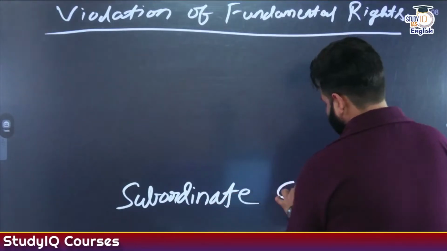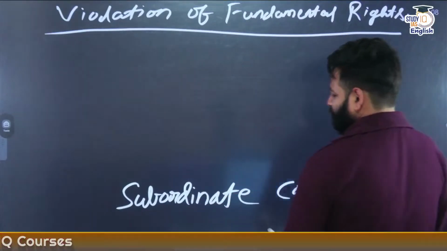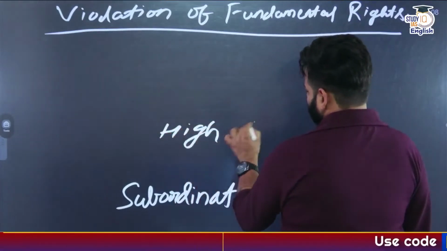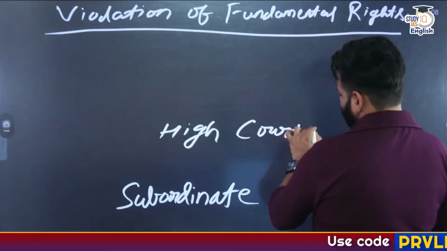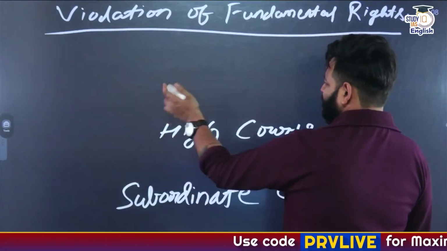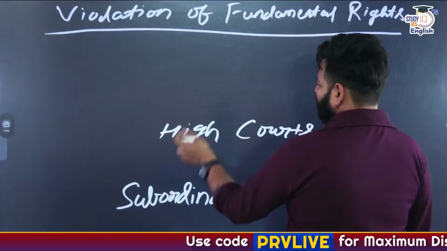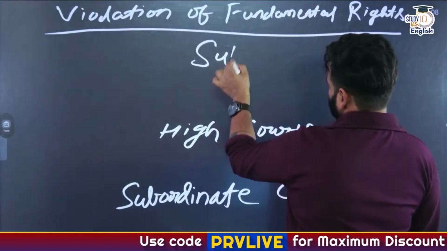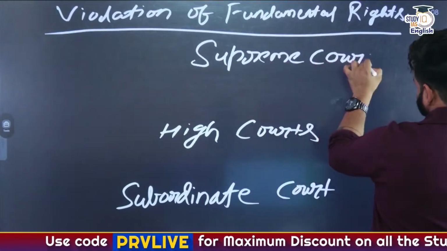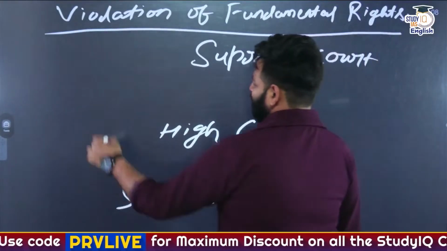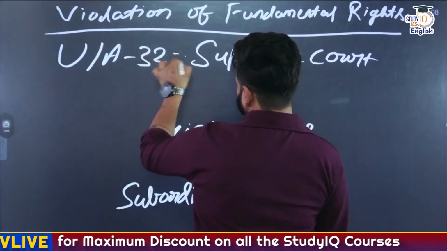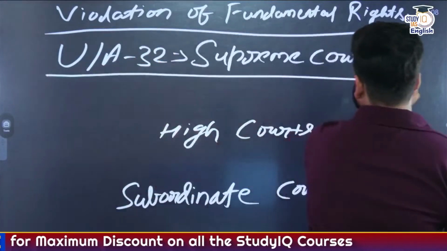Skip the subordinate court section. Then above that, what we have got? High courts. Skip the high courts as well. You can bypass these two bodies and directly knock the doors of the Supreme Court. Under which article? Under Article 32. You can directly knock the doors of the Supreme Court.